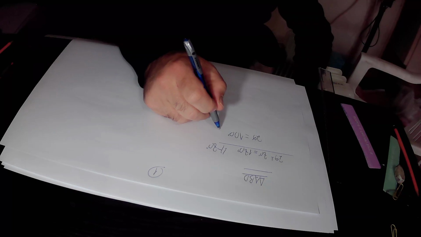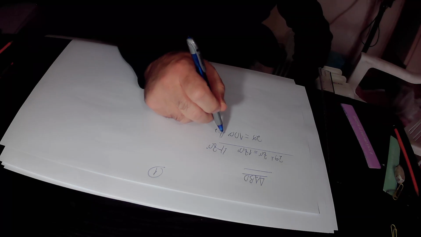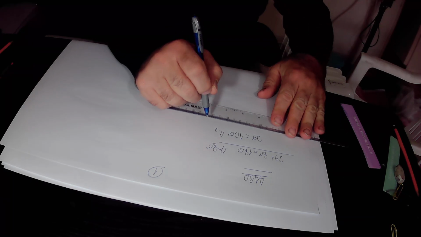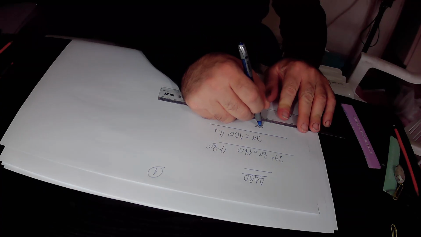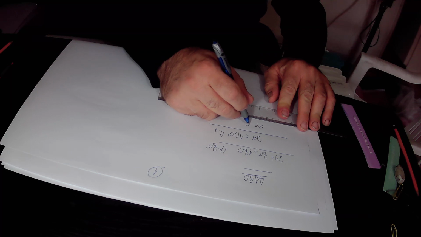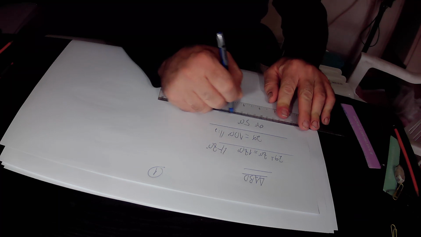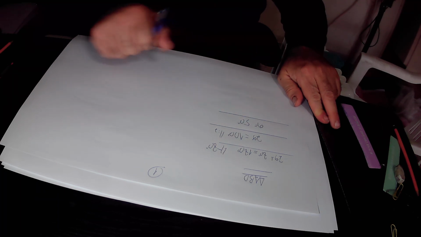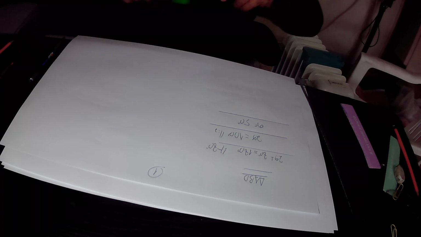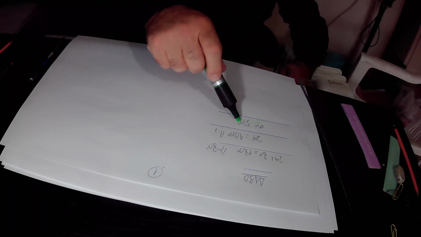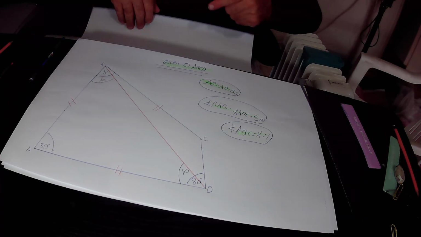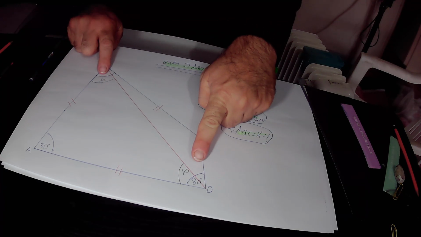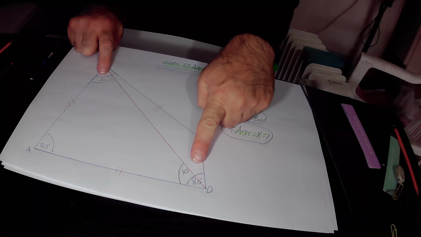Here we divide this equation by 2, and finally we get that the missing angle alpha equals 100 degrees over 2, which is 50 degrees. Those two angles are both equal to alpha, therefore each angle equals 50 degrees in its size.